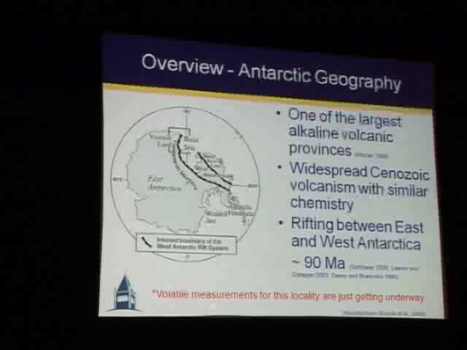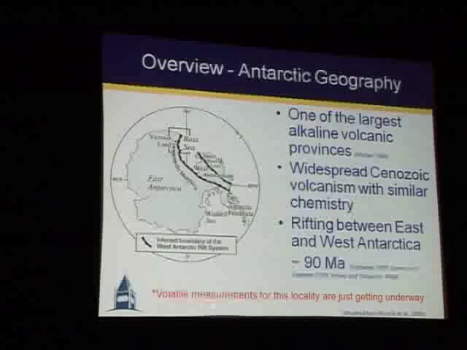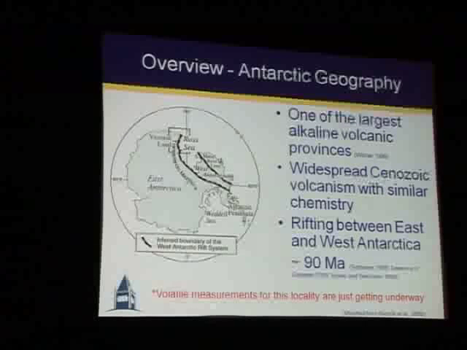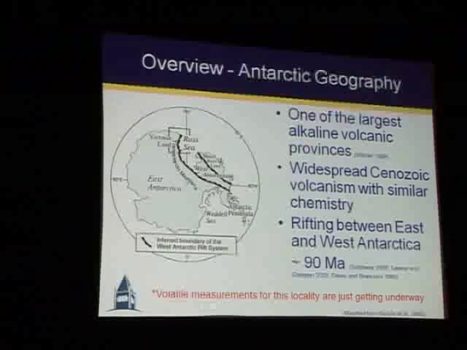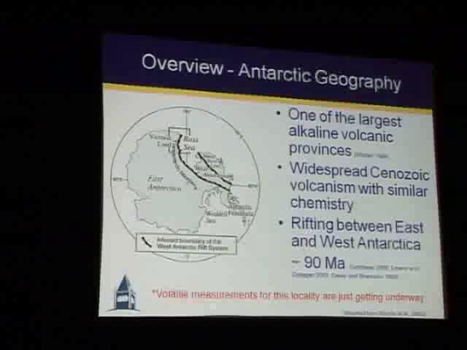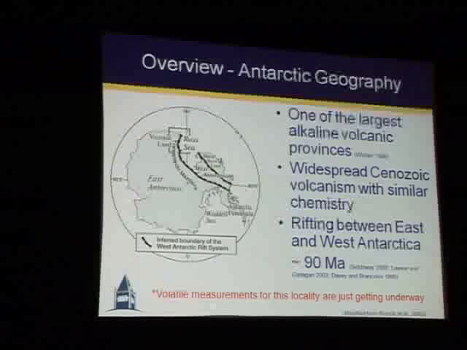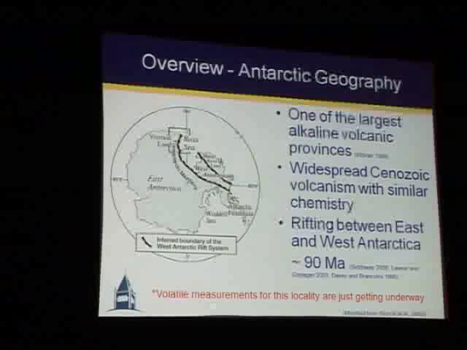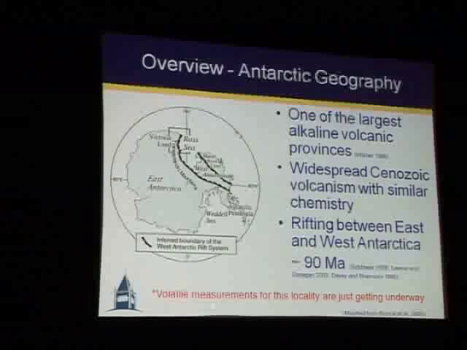The volcanism in this particular rift started about 90 million years ago, and we have taken samples, as I'm going to show you, from land, but also from the ocean or from the Ross Sea right here.